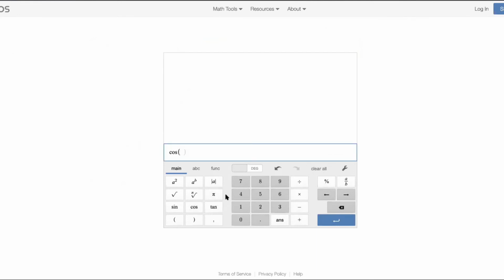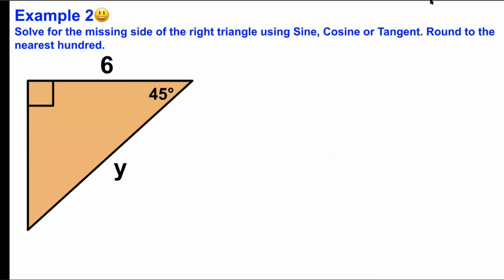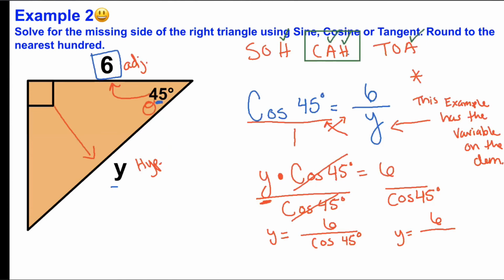You write cosine 45, close your parentheses, and it's 0.7071. So let me go back over here. And it simplifies to y equals 8.49 units.